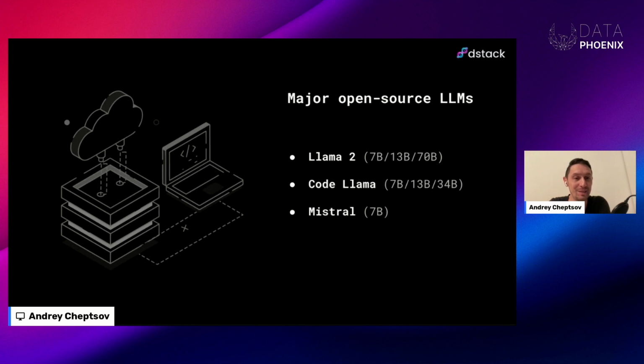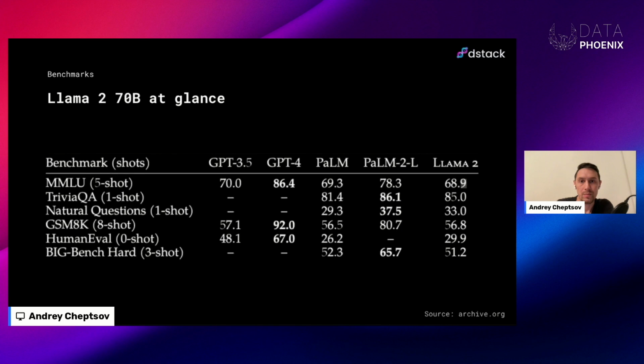It's a 7 billion parameter variant, but right now it's the best quality for this size of models, and it even beats the 13 billion parameter model. So it's a very small, quite well performing model.